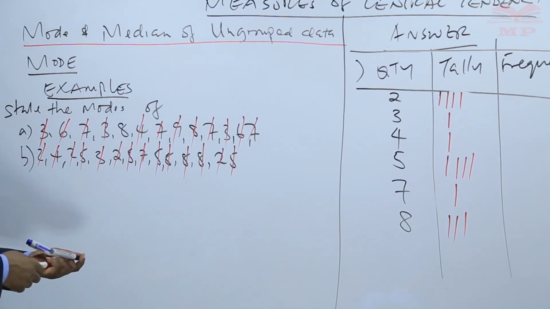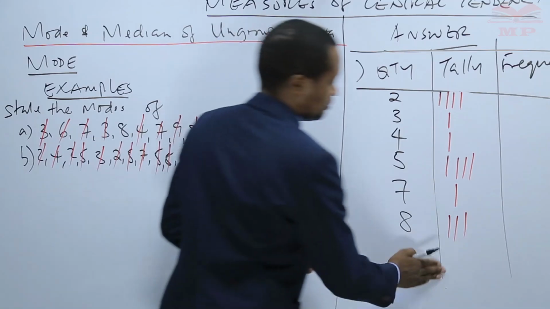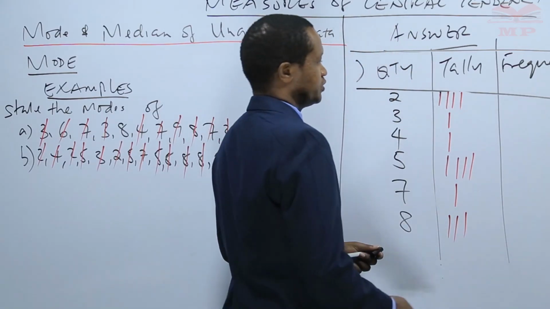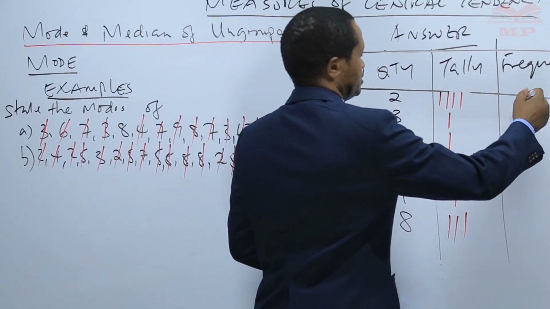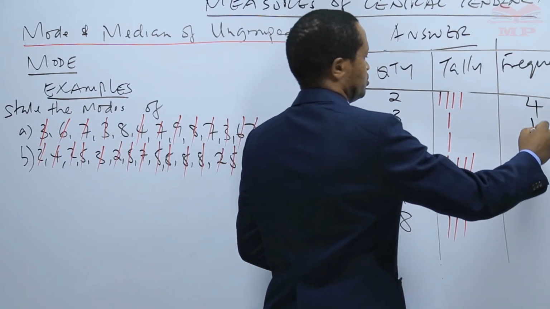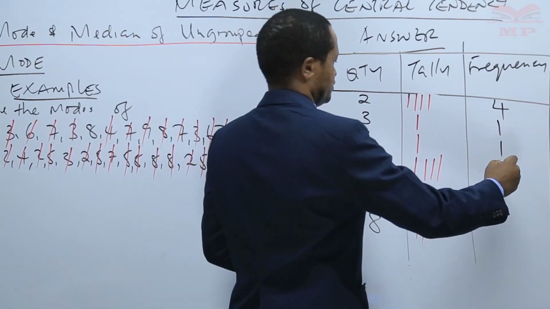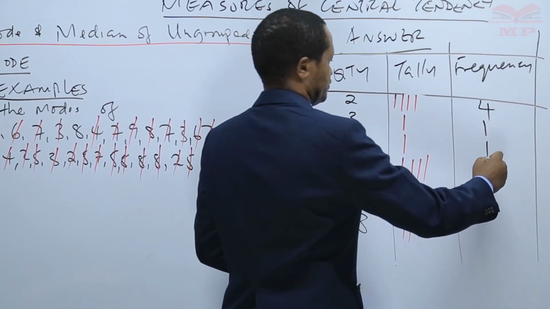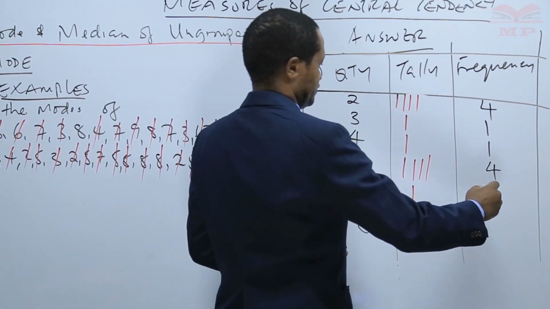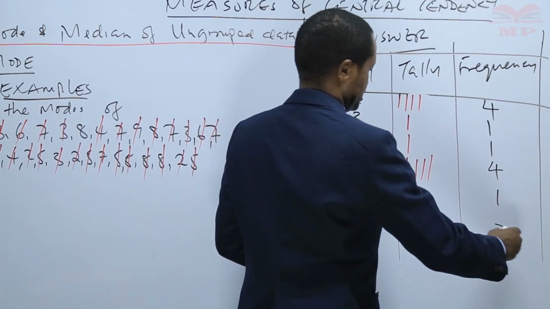So learners, what is the mode of this data? We'll have to get the frequencies. Frequency of 2 occurs 4 times, 3 occurs 1 time, 4 once, 5 occurs 4 times, 7 once and 8 three times.